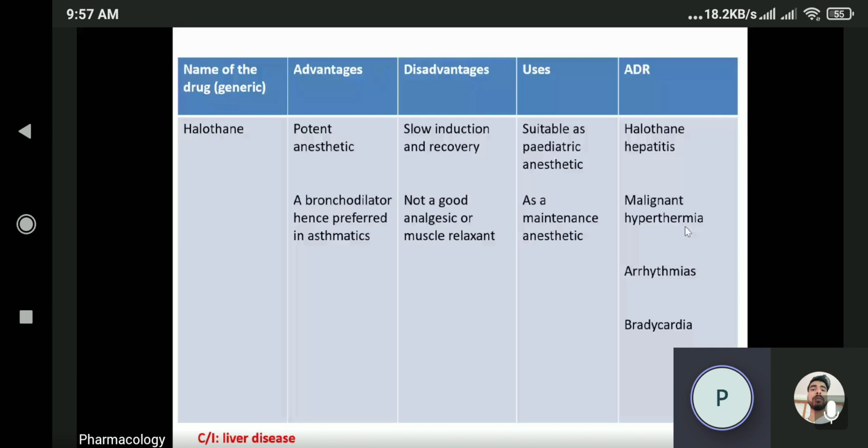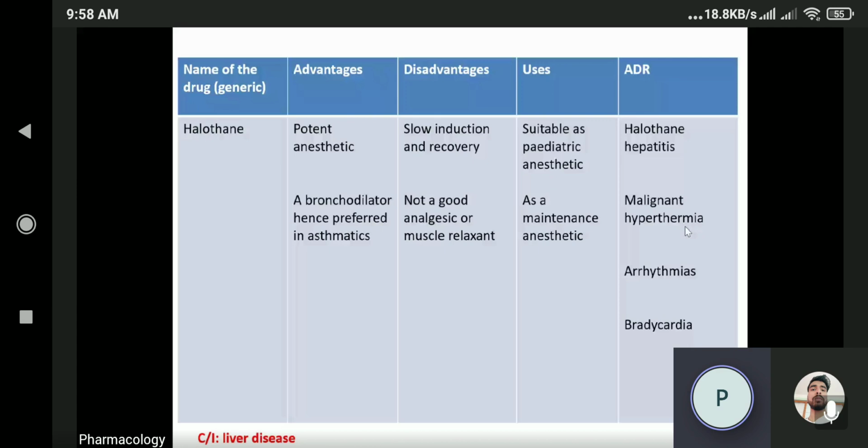When this is abnormal, there will be more release of calcium into the cytoplasm, and when the cytoplasmic concentration is very high, there will be consequences like more rigidity and muscle contraction, the temperature will rise, and there can be acidosis and other consequences which can even be fatal. Okay, so this is called malignant hyperthermia.